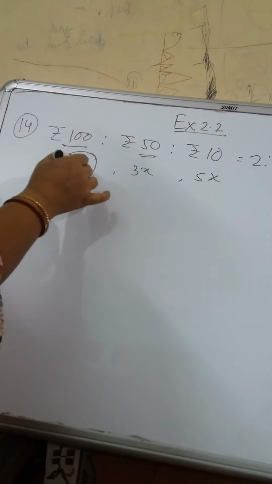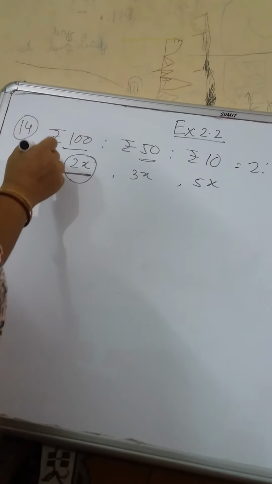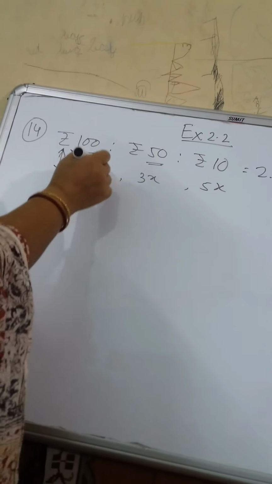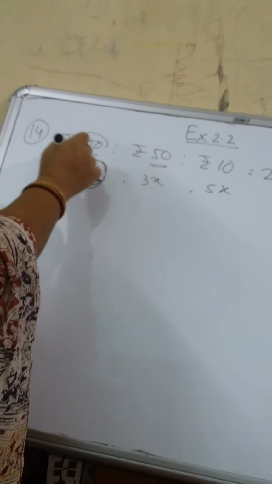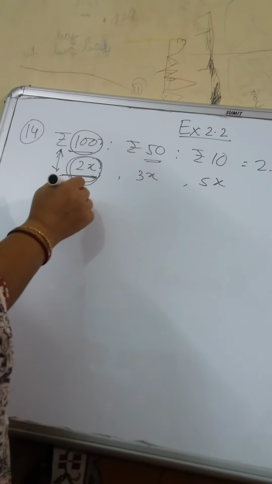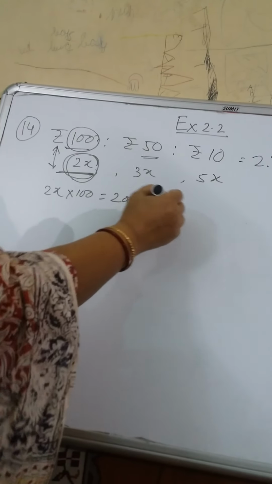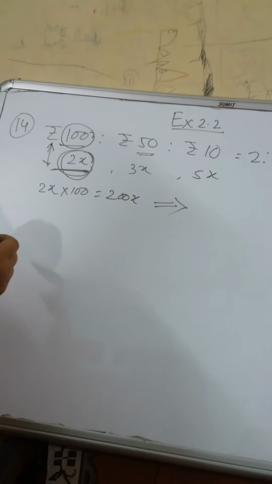for these 2x number of 100 rupees notes? The number of notes is 2x and each is 100, so the money will be 2x into 100, that is 200x. This is only for 100 rupees notes.